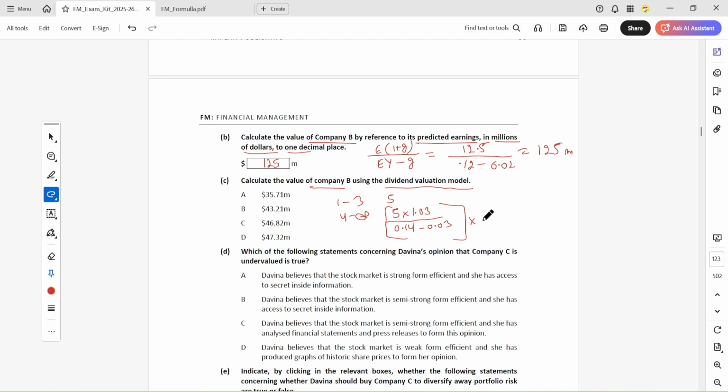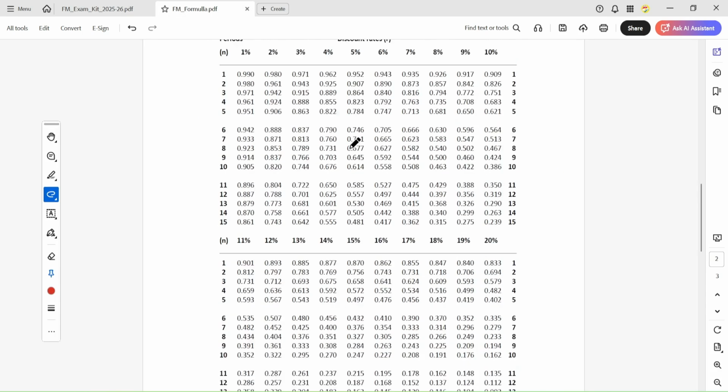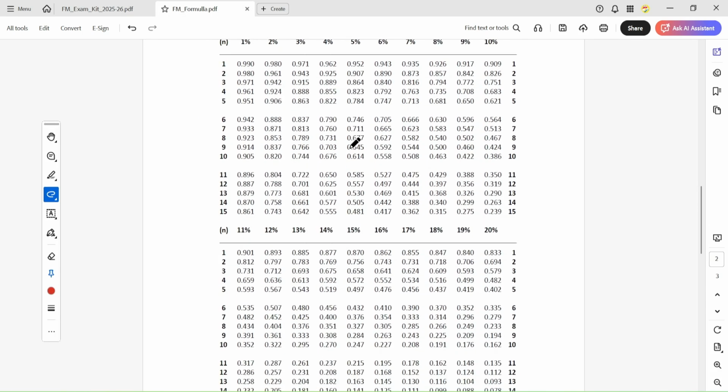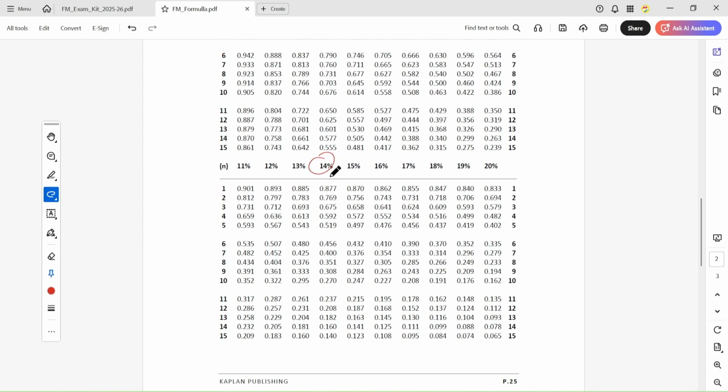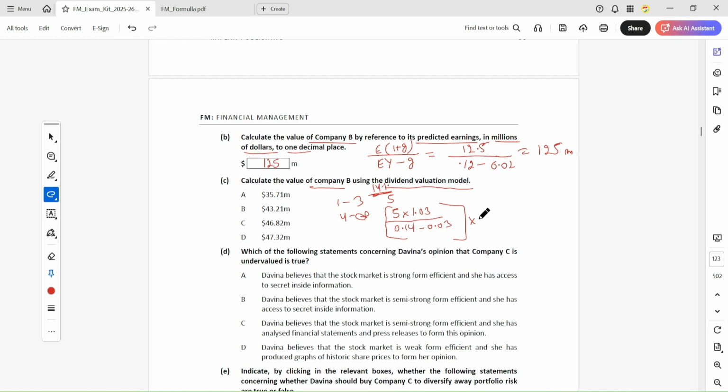Now we have to discount this with the 14% discount rate. For 14% for 3 years, the factor is 0.675, and we will get the present value.